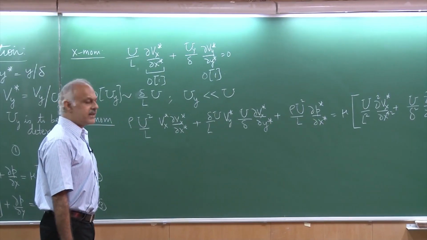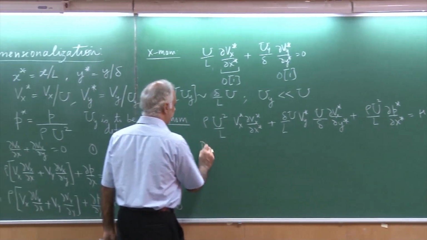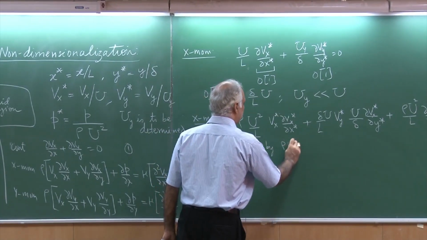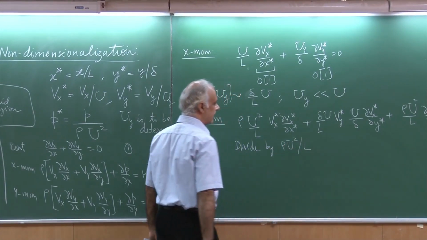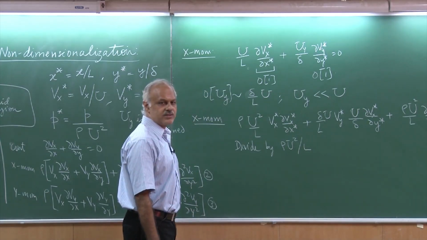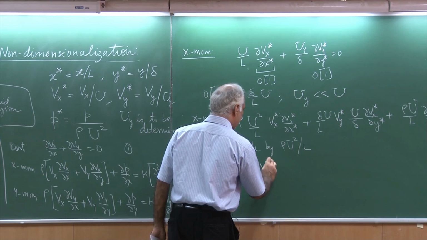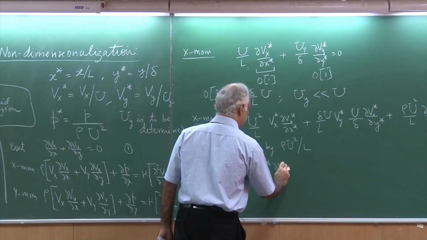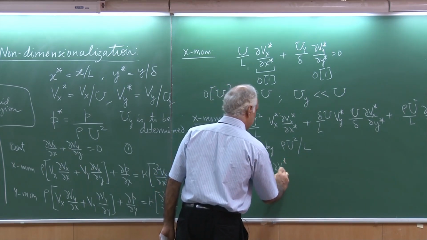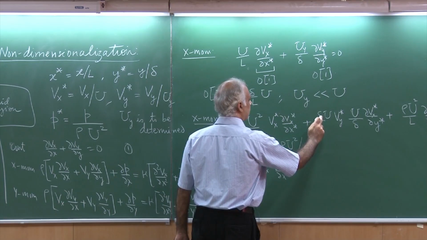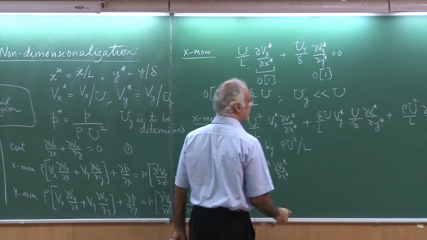Okay. Now I am going to divide the whole equation by rho u square by L, and let's see what I get out of this equation. So this stays as it is, Vx star del Vx star by del x star. These deltas cancel out.